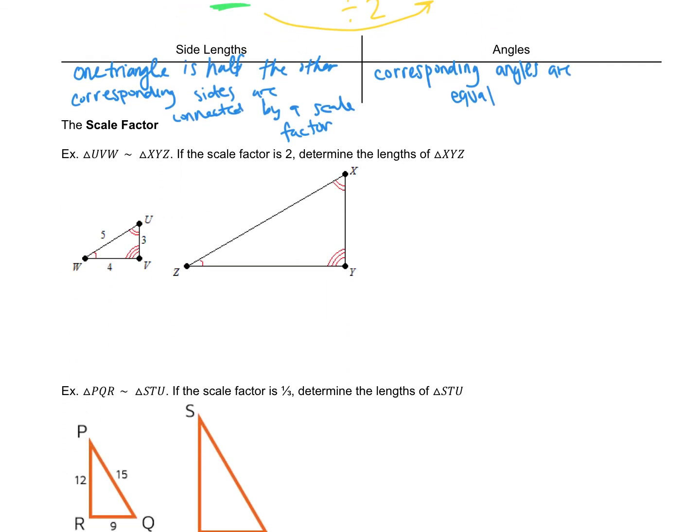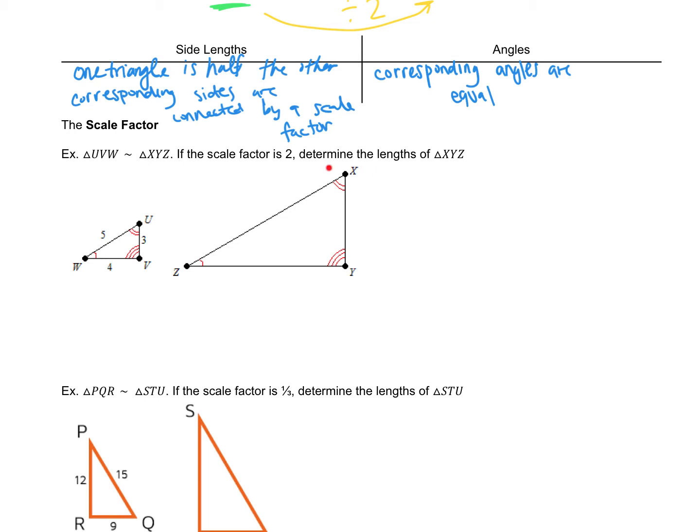Let's look at the scale factor in a little bit more detail. So here we are told that triangle UVW, and this notation here, the single squiggle, is stating that the triangle is similar to triangle XYZ. If the scale factor is 2, determine the side lengths of triangle XYZ. Okay, so first we want to see which triangle is bigger.